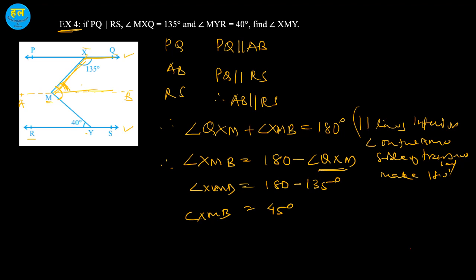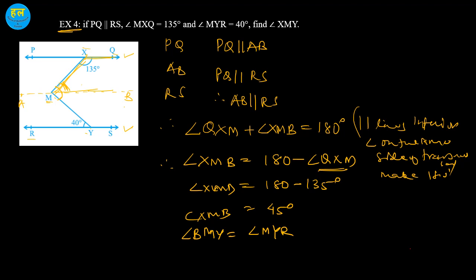And because this is equal to 45 degrees, and it is passing through the transversal, therefore angle BMY will be equal to angle MYR.